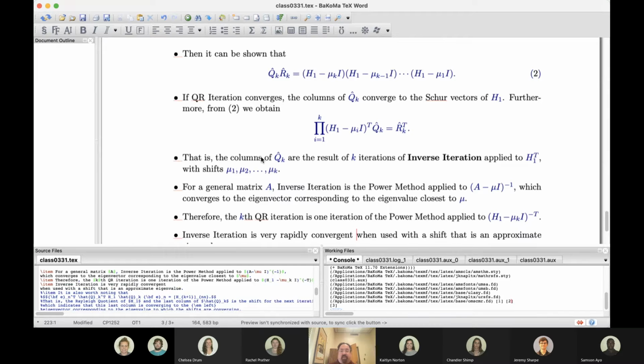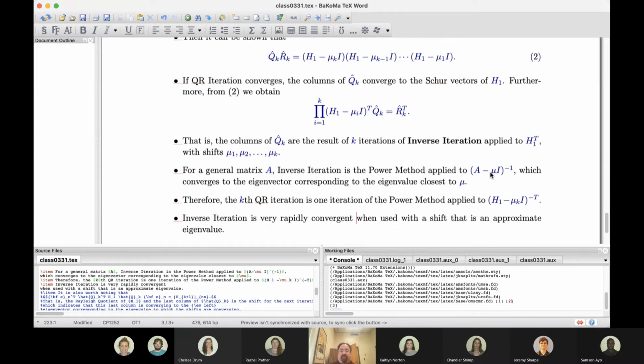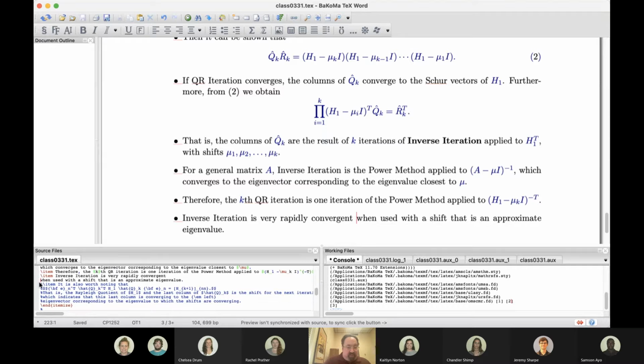Now, when your shift is an approximate eigenvalue, inverse iteration converges very rapidly. And these shifts are already known to be approaching some eigenvalue of a matrix quadratically. So in fact, what this is effectively doing is performing inverse iteration.